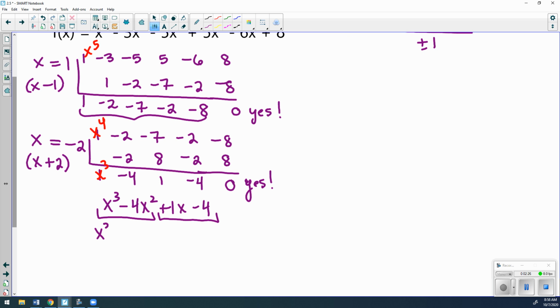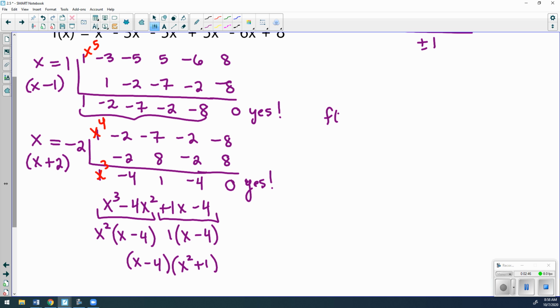Out of the first group, I could factor out x squared. I'd be left with x minus 4. Out of the second group, I can factor out a 1, and I'm left with x minus 4. Both groups have that common factor of x minus 4, and I'm left with x squared plus 1. Let's see where we're at.